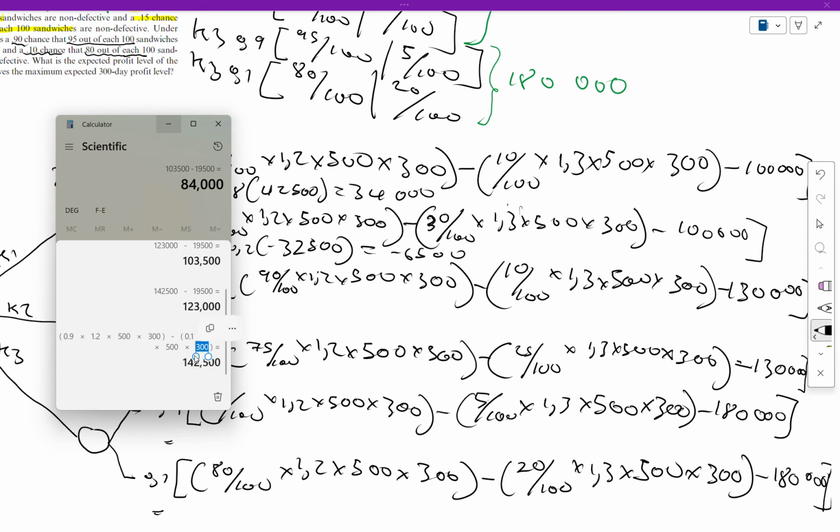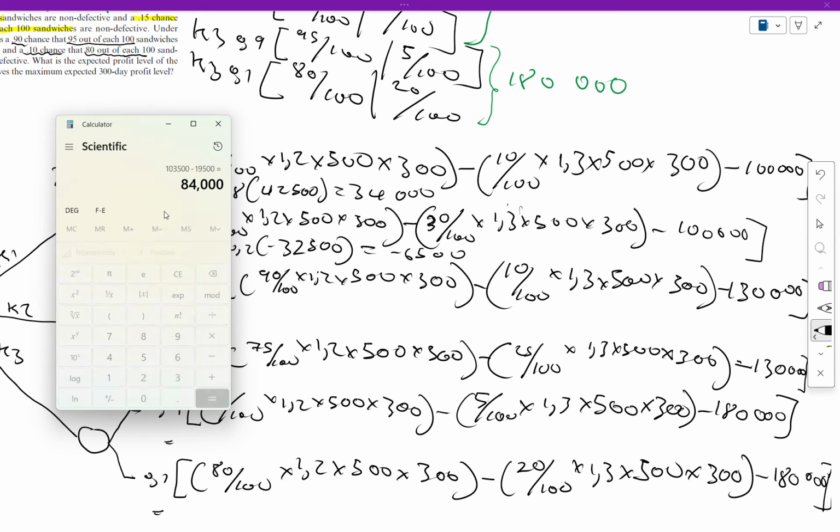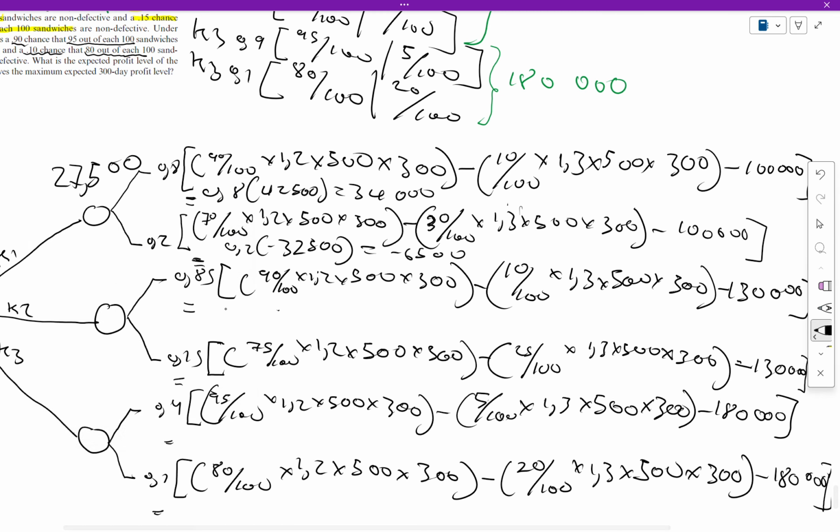So our value was actually 142. So 142 minus 180. So 142,500 minus 180 is 12,000.